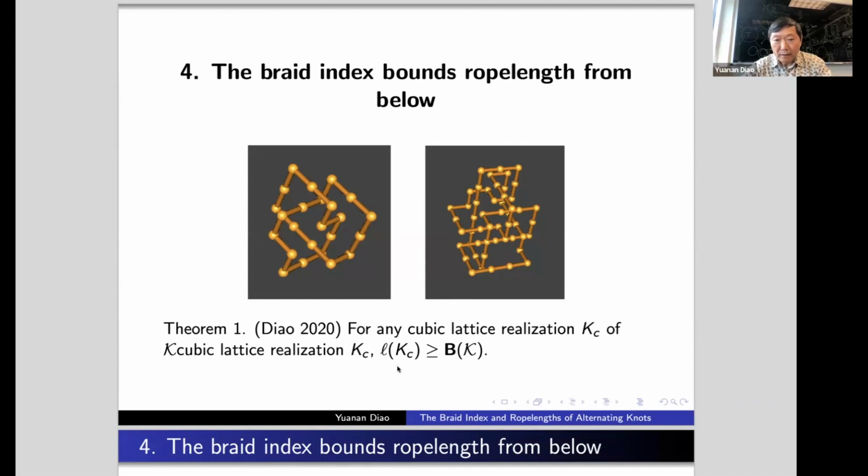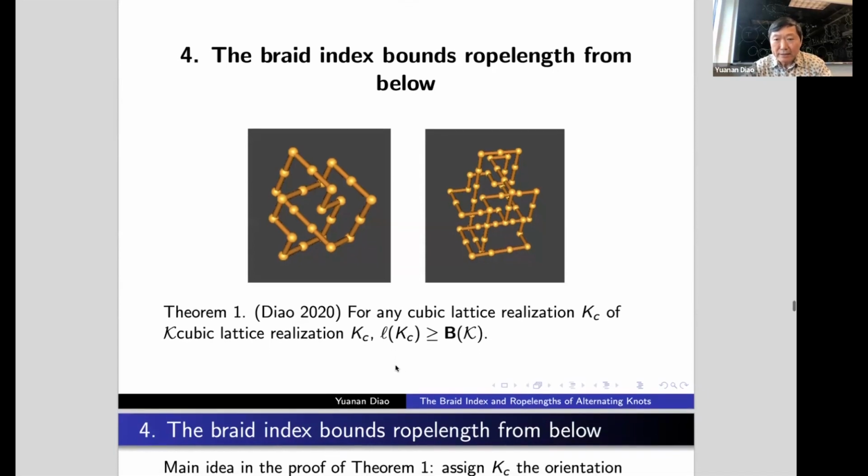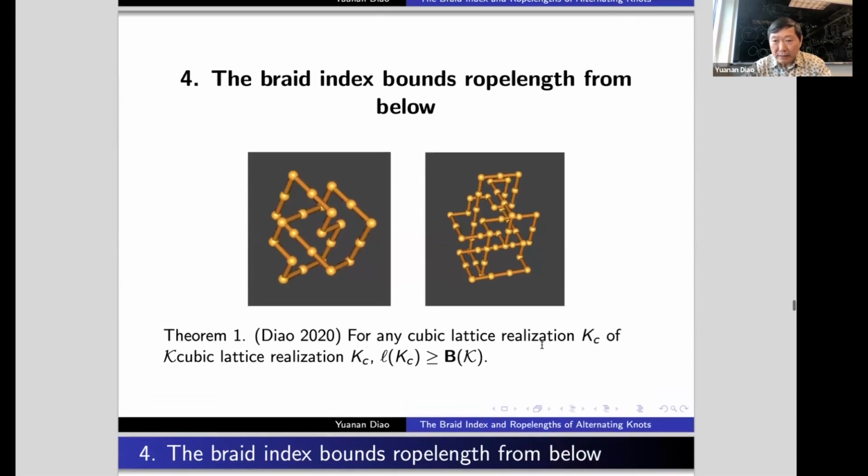So if you realize your knot on the lattice, here I have K_C as my notation. K_C is my lattice realization of my knot K.